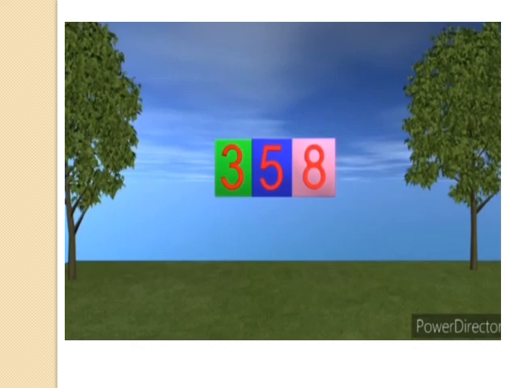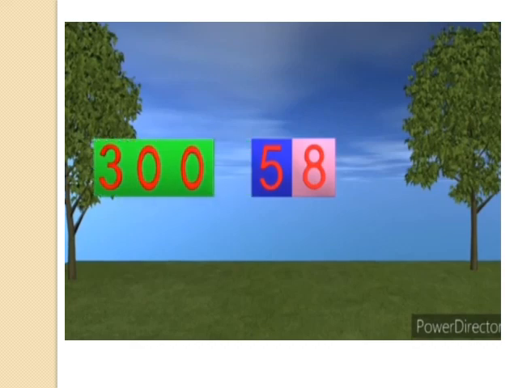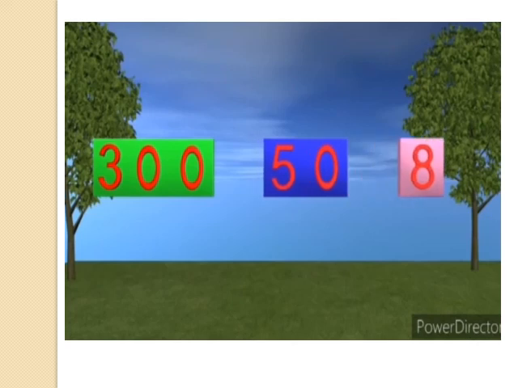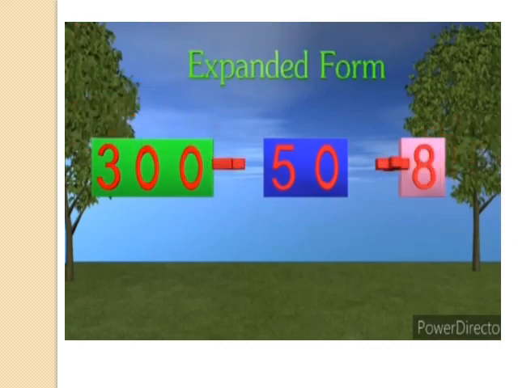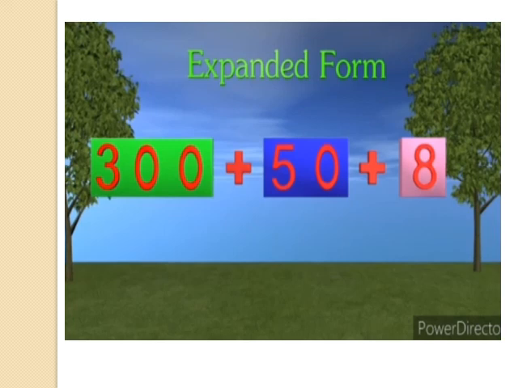Next is 5. 5 comes under tens place, so its place value becomes 50. And 8 comes under ones place, so its place value becomes 8. Now, it becomes 300 plus 50 plus 8. So this is the expanded form of 358.